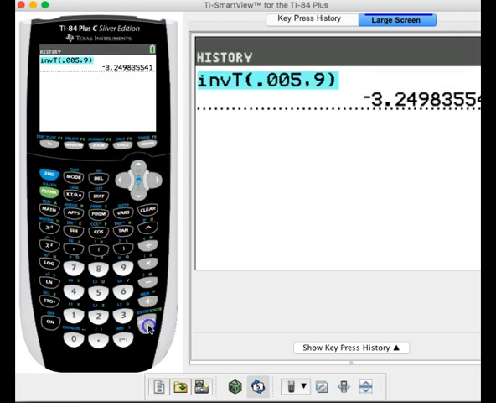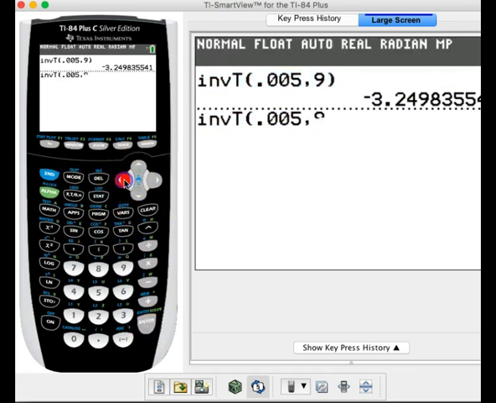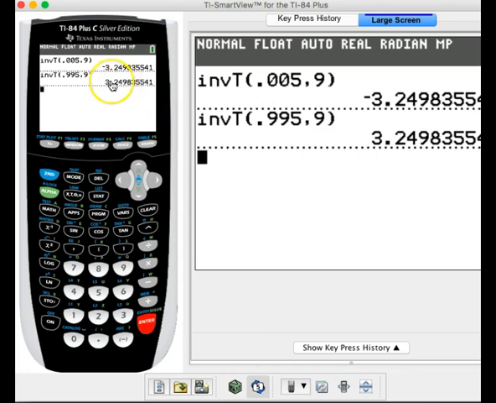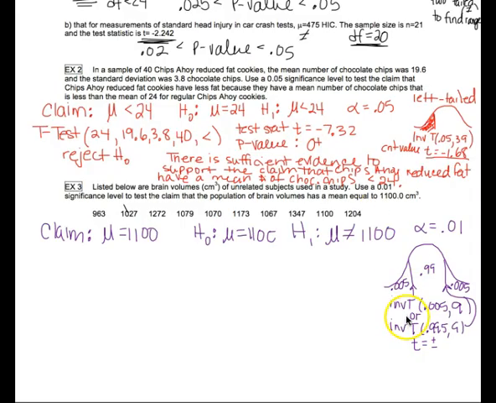If I were to change it and do the inverse t of 0.995, just to prove to you, and run that, we get the same thing, only the positive. So remember, you don't have to do both. That's why I write an or, because it should be just the plus and minus on it. So this is our critical value.